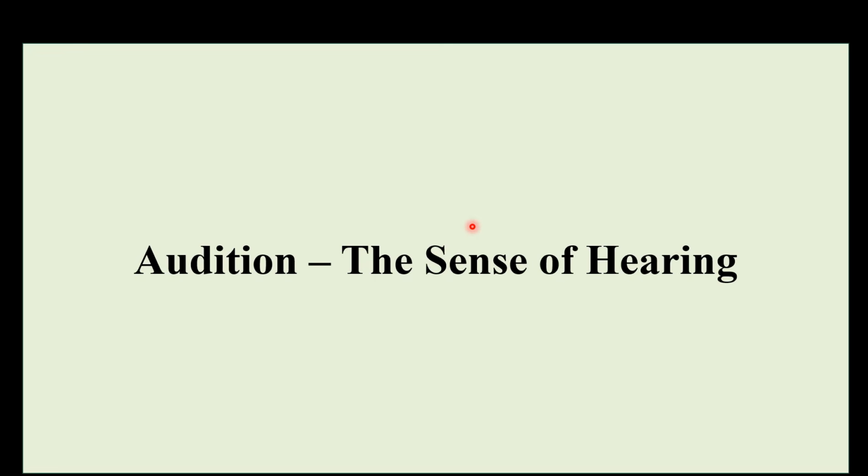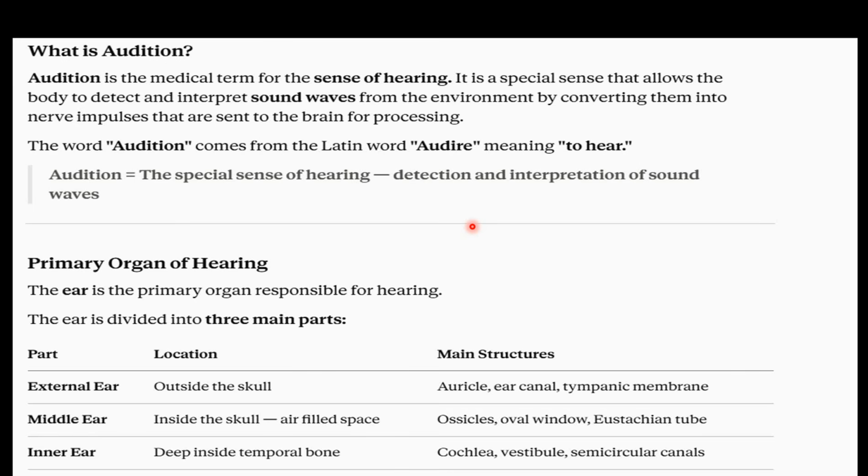Alright, so let's get started and see what is audition. Audition is simply a medical term that is used to denote the sense of hearing. You can say it's a special sense because it allows the body to detect and interpret sound waves from the environment by converting them into nerve impulses that are sent to the brain for processing.